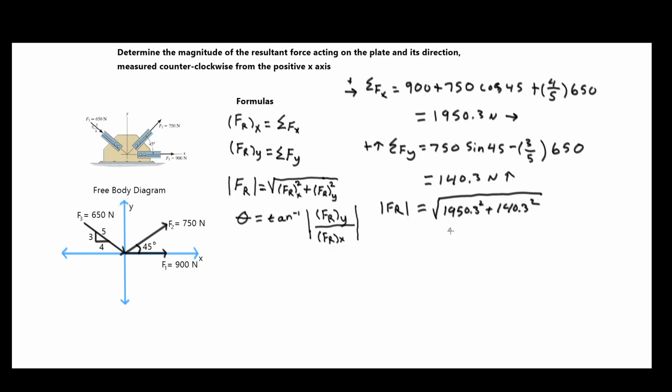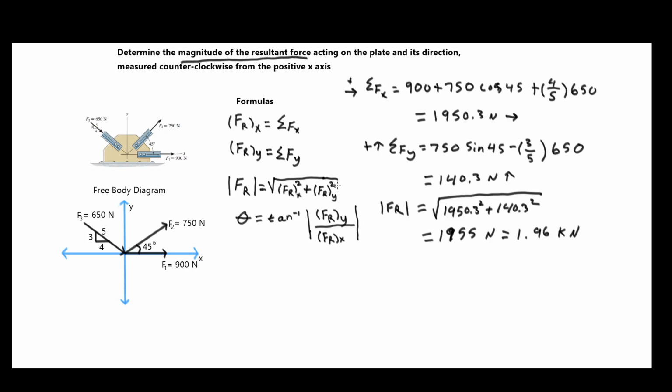And that gives us a value of 1,955 newtons. And that can be reduced down further to 1.96 kilonewtons. So we found the magnitude of our resultant force.